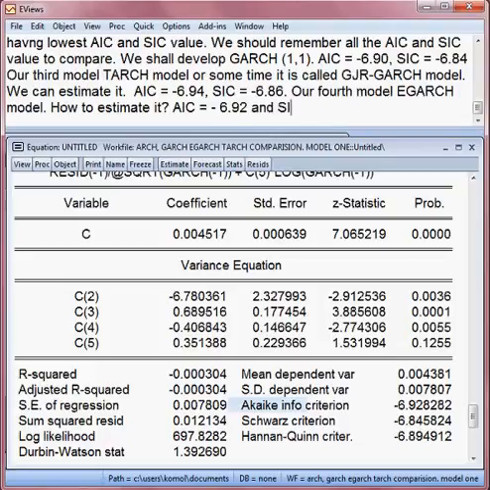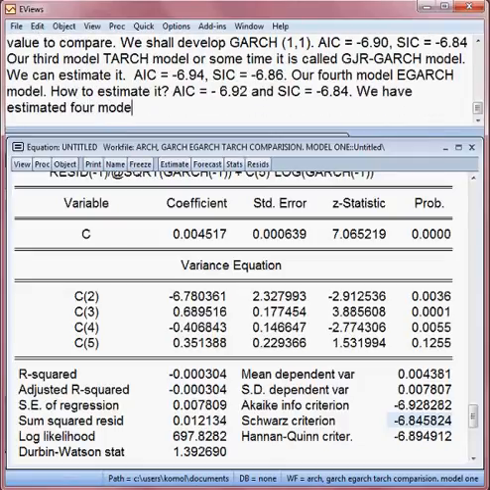And SIC is minus 6.84. You can see, one is 6.92 and the other 6.84. So we have estimated 4 models so far, 4 models from the ARCH family.